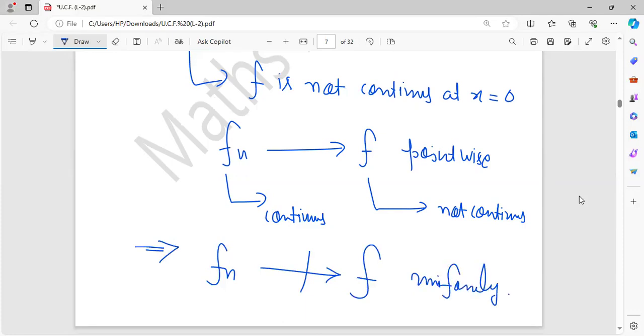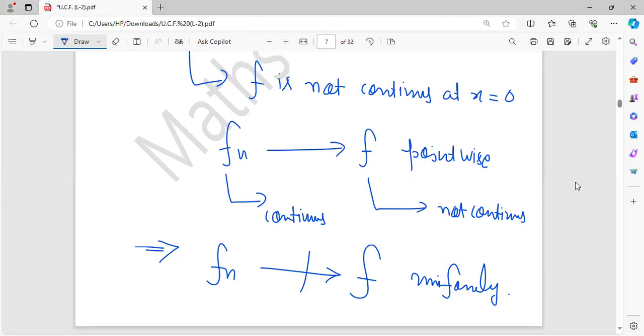Okay. So we have done 3 examples. So what we have learned from today's lecture? We have learned that if we have a sequence of functions, each function is continuous, and fn converges to f uniformly, then f is also continuous.